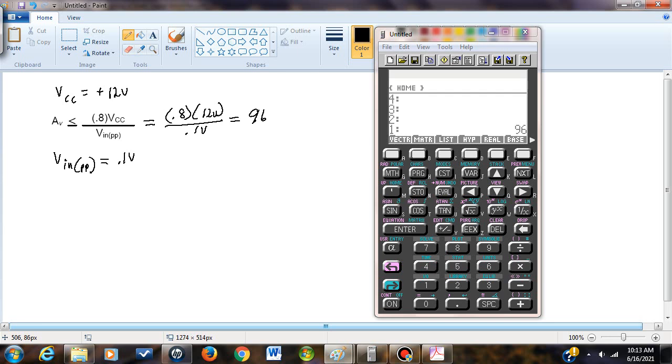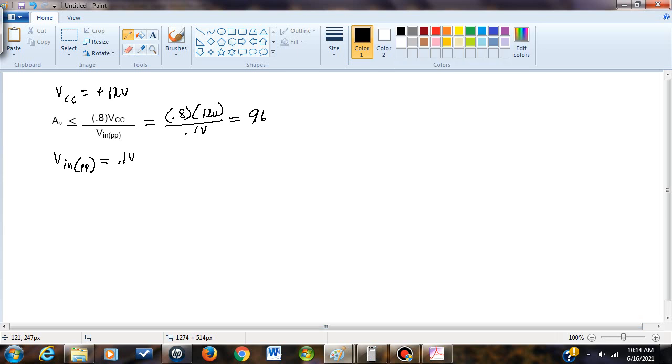But we do not want to go that high with a single stage of amplification because the circuit will be unstable. So let's shoot for a gain of 10, and write that down: we're going to design our amplifier stage to have a gain of 10.